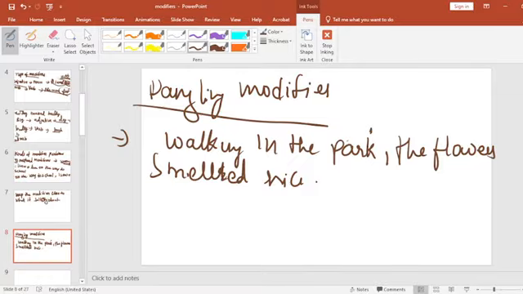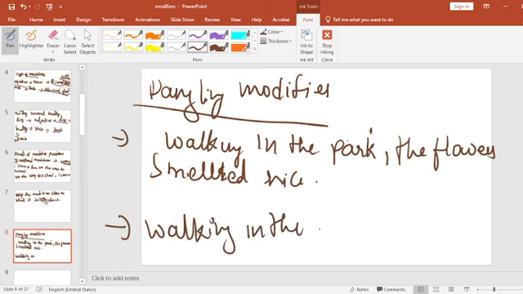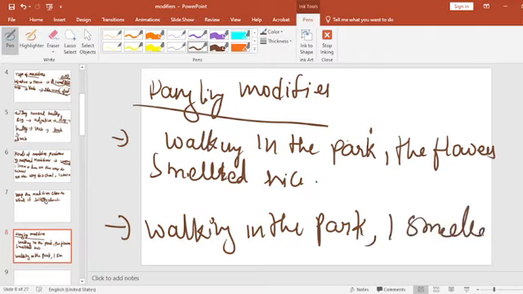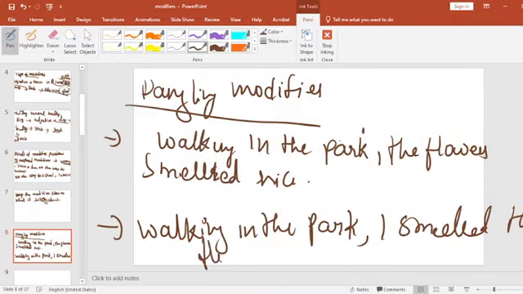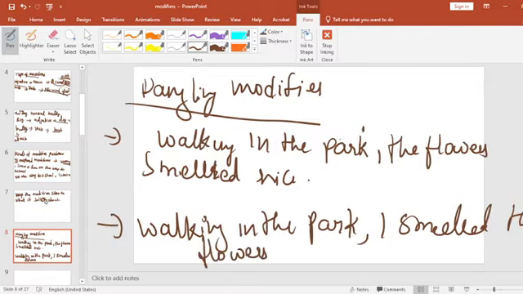So here what you have to do is you have to write, walking in the park, I smelled flowers. So here what is wrong is you have to mention who's the owner in the sentence. Like who's smelling the flowers. That is what you have to mention. So walking in the park, you gave an ownership to yourself, saying I smell the flowers.